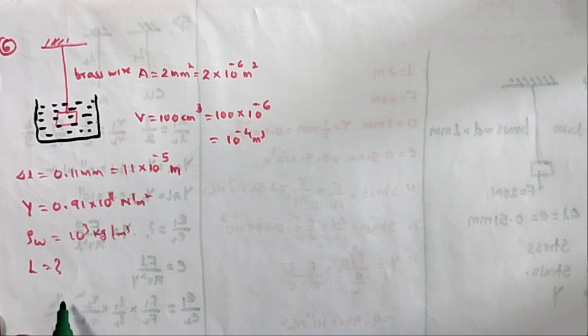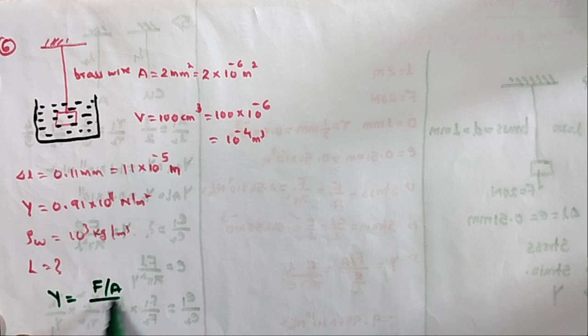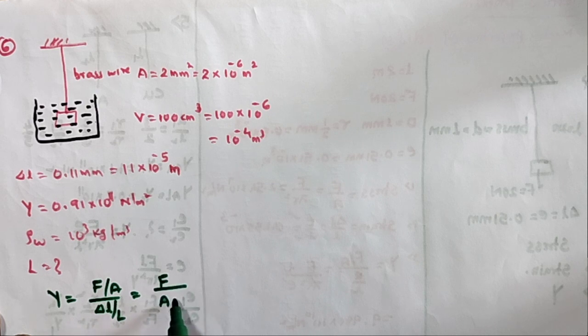So first we know the Young modulus formula: Y is equal to F by A over delta L by L. So F by A is equal to stress, and delta L is equal to small e L. So what is the F?